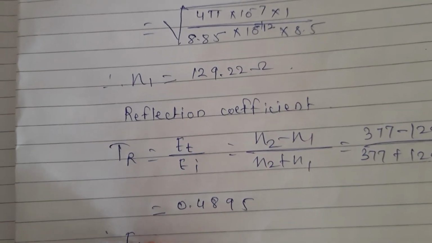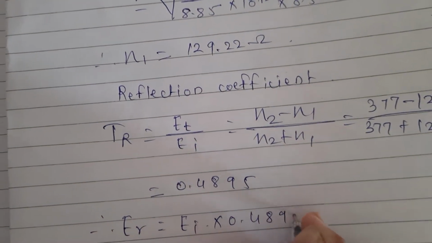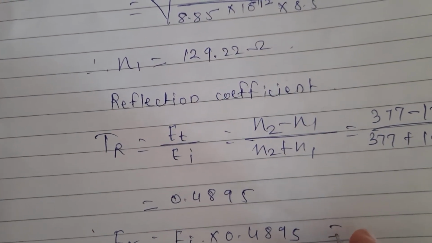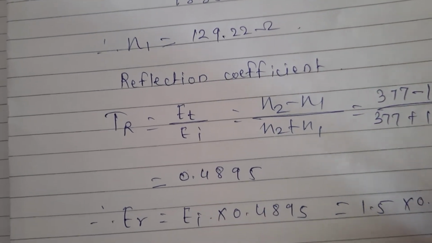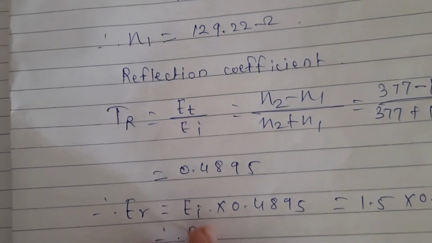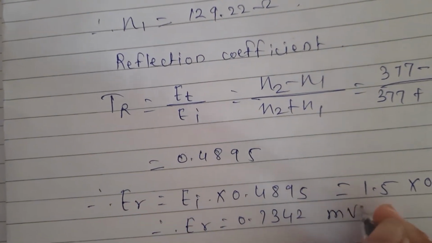So ER is equal to EI into 0.4895, and it is 1.5 into 0.4895. So the ER value is 0.7342 millivolt per meter.